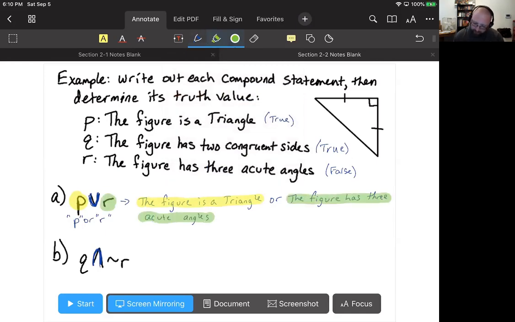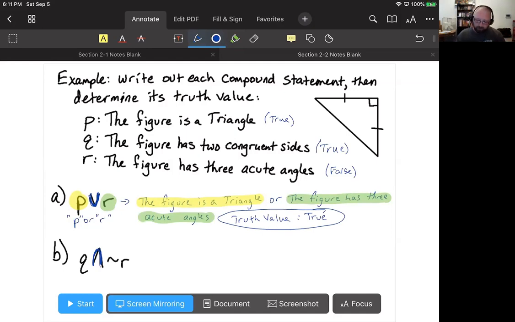If P is true and R is false, that's enough for us to state that the overall compound statement is true, because of the word "or," only one has to be true. So that would be a true statement.